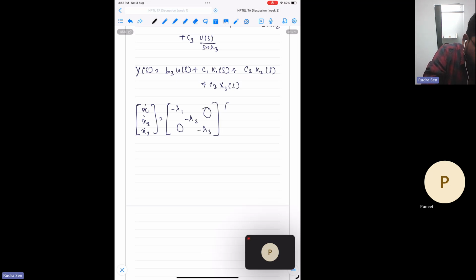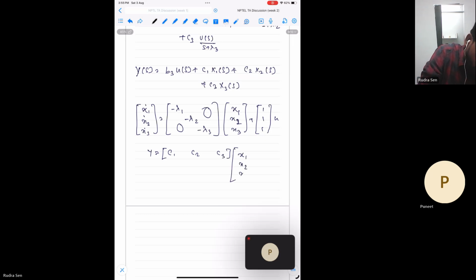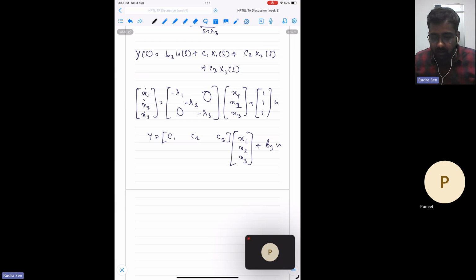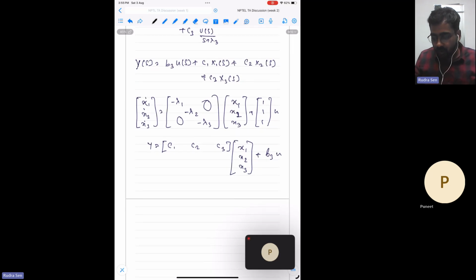So in the output equation you will get a D term, here D equal to b3 times U. This is the diagonal canonical form for the proper transfer function.